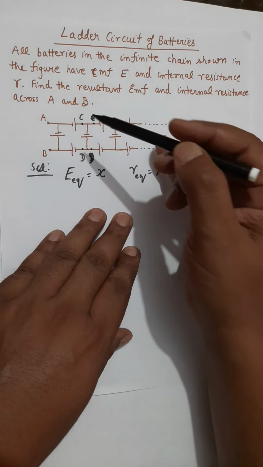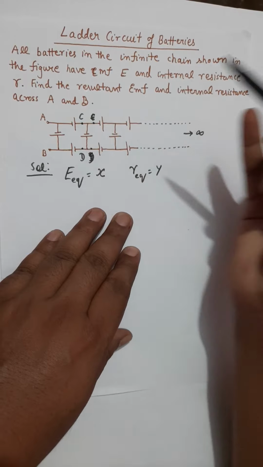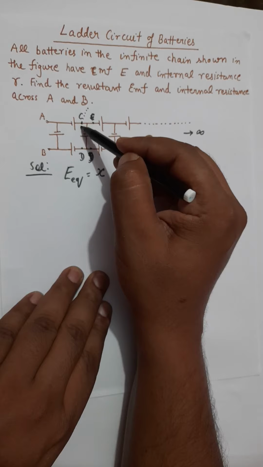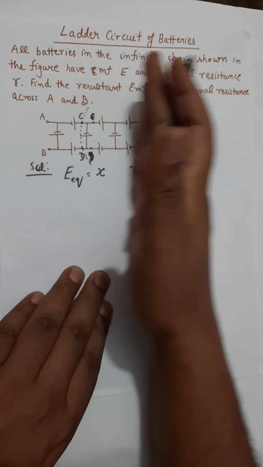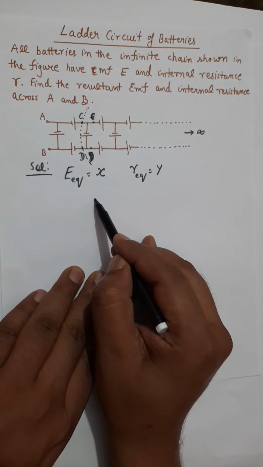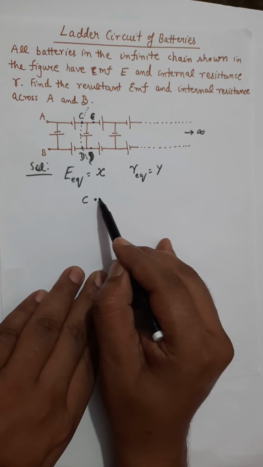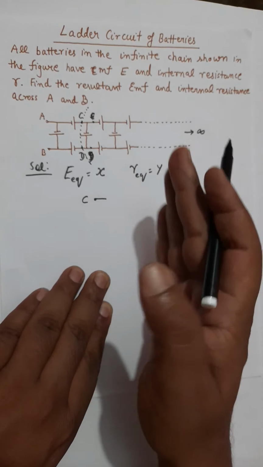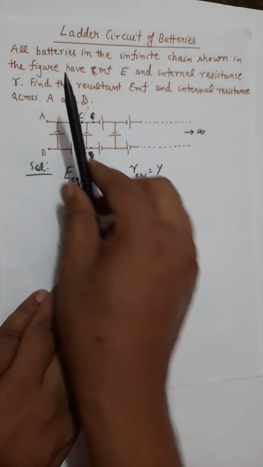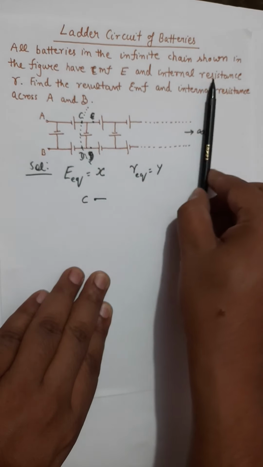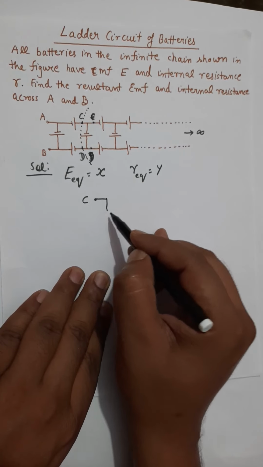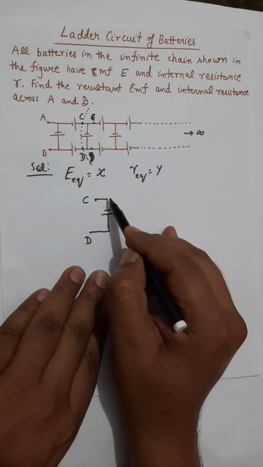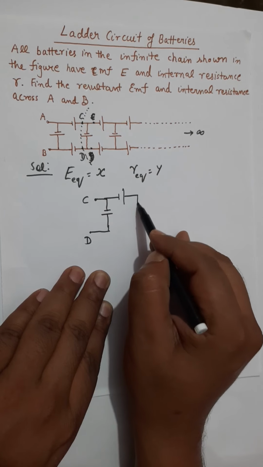So if I take point C and point D here and look at the circuit after point C and point D, the circuit from C up to infinity, between C and D and till infinity, it is similar to what we have between points A and B.